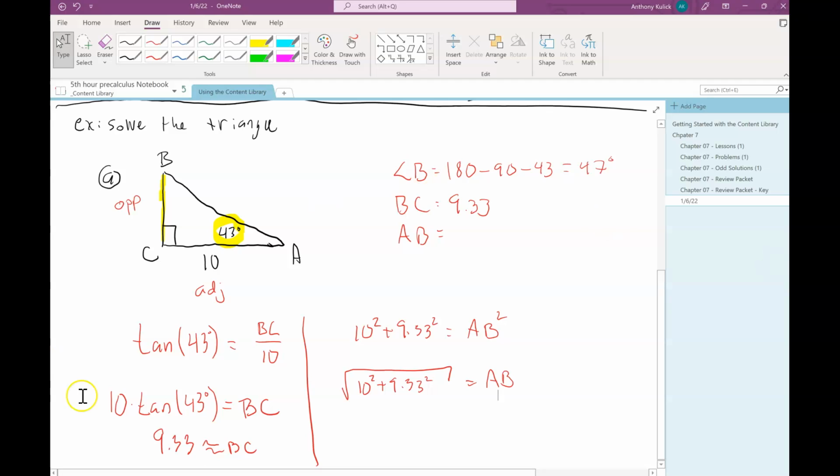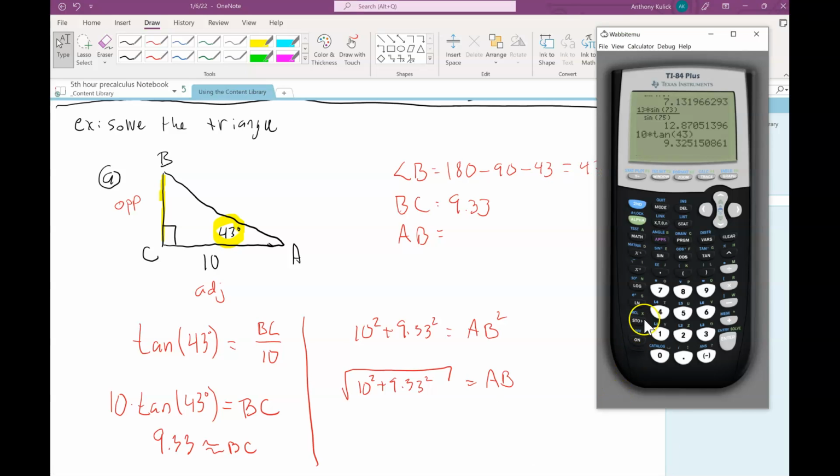So the way I want to type this into my calculator is basically exactly as it looks on my sheet of paper. And I'm going to use the ANS function to just retrieve that 9 point whatever so I don't have to worry about typing all those decimals. So I get 13.67.